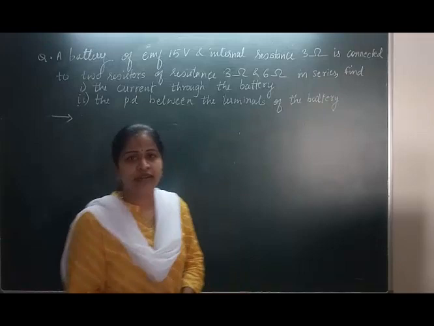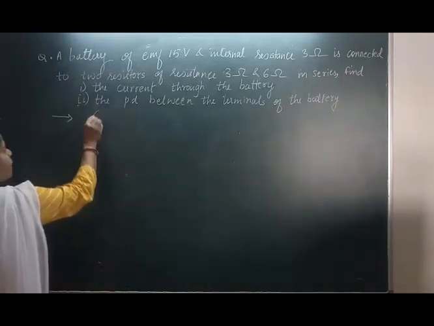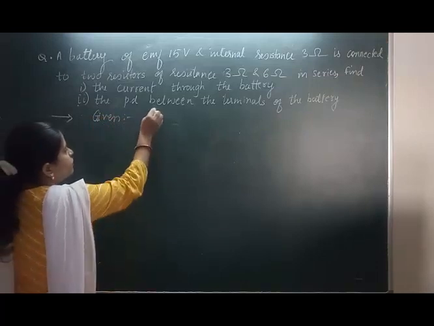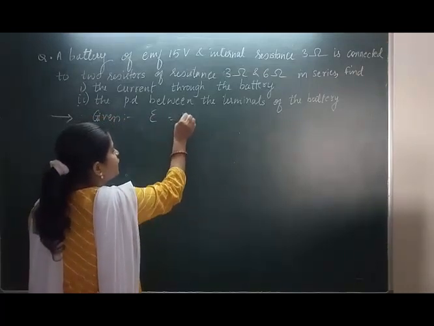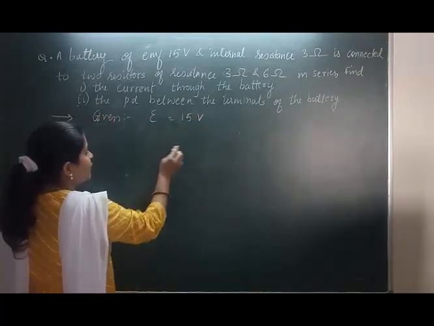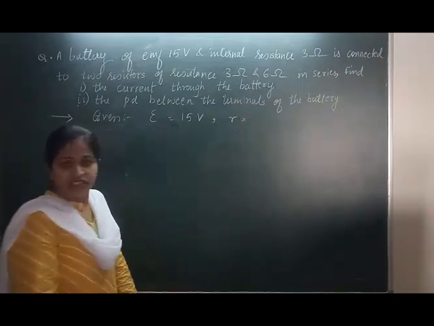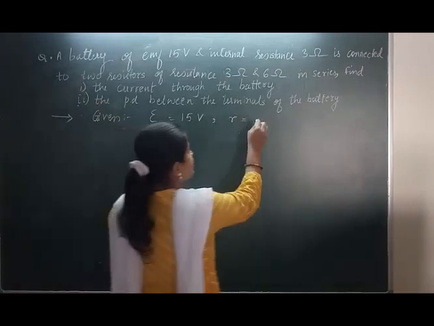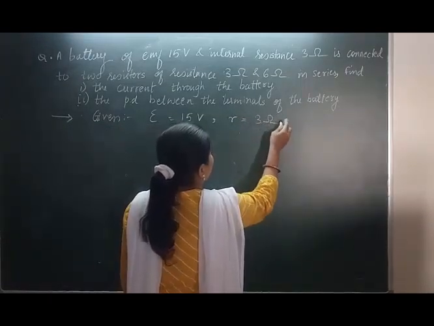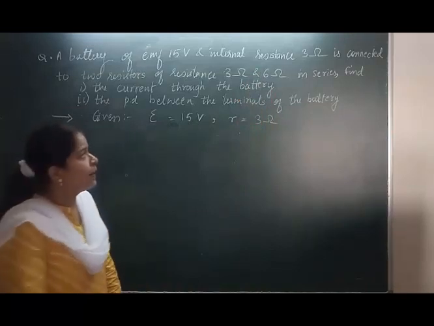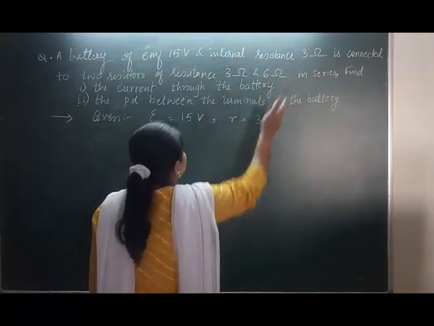Before starting, let's write down the given. We are having EMF as 15 volt. Then here we have the internal resistance, which has been denoted by small r. It is given 3 ohm. Then two resistors are there which have been connected in series.